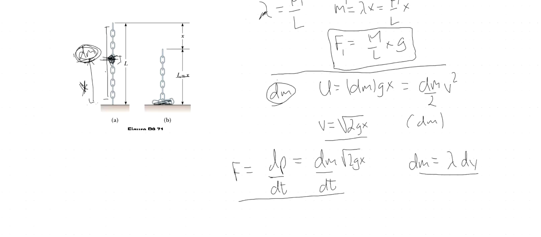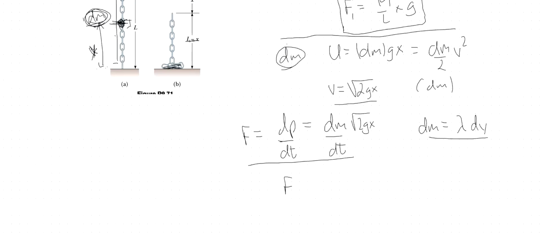When I put this all together, it's going to be lambda dy over dt times square root of 2gx. But watch what happens. dy over dt is, of course, the velocity of the object when it hits the table, which we already calculated. The notation here is different, but that's what one has to realize: this dy over dt is none other than the velocity of that chain link as it hits the table.